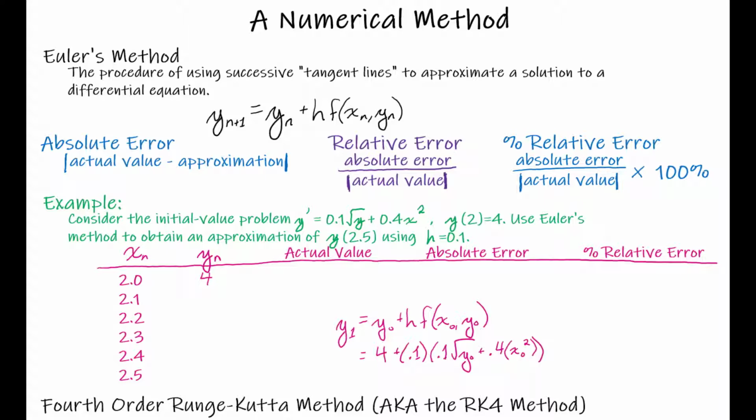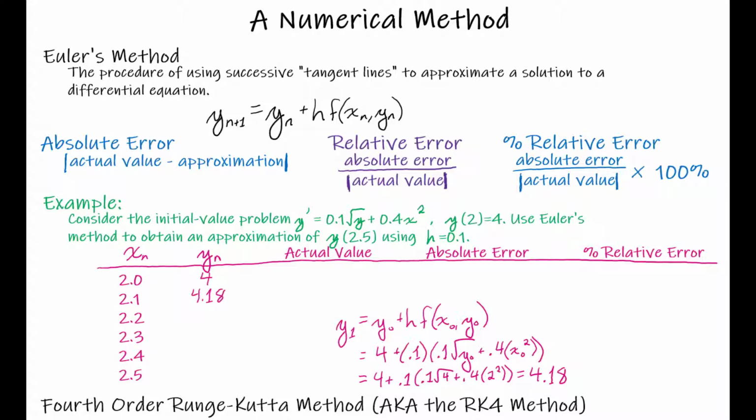So I'll plug in x sub 0 and y sub 0. I get 4 plus 0.1 times the square root of 4 plus 0.4 times 2 squared. When I do all of this multiplication and addition, I get a y1 value of 4.18. So I should plug 4.18 into my table in the y1 slot.